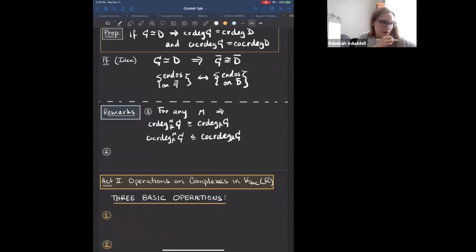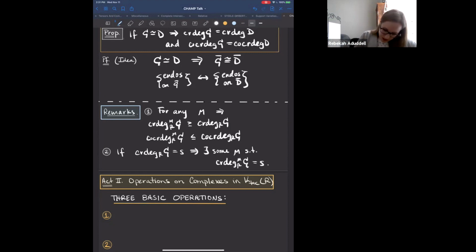And so then the next statement is, if the critical degree of a complex equals some S, finite or negative infinity, then there exists some endomorphism mu that realizes that critical degree, such that the mu critical degree would be equal to S. This is also obvious, and likewise for co-critical degree.